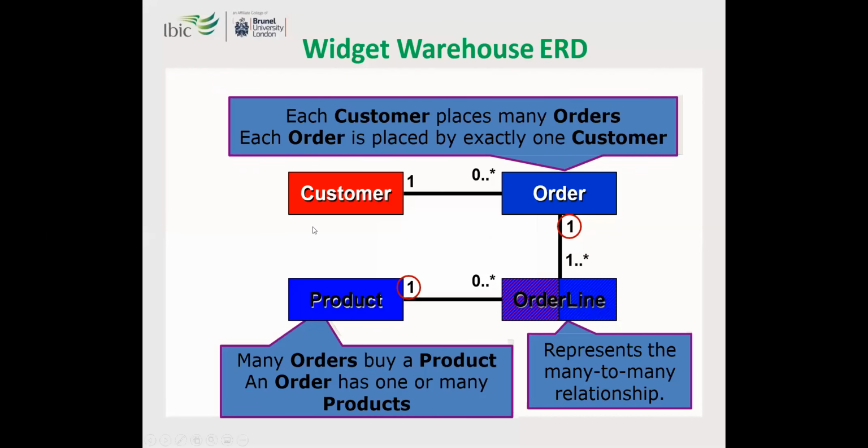So for example, here is an example for you. A customer can have many orders, 0 or many orders, and a product can have many or 0 order lines. So many orders by a product, an order has 1 or many products.